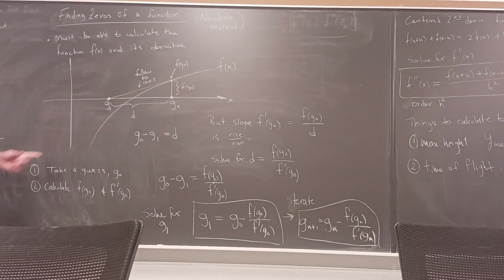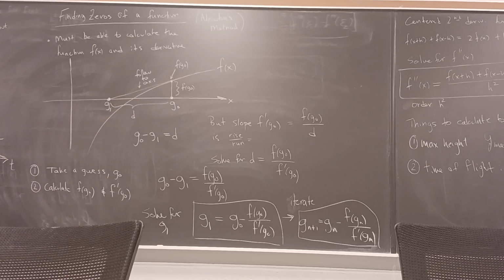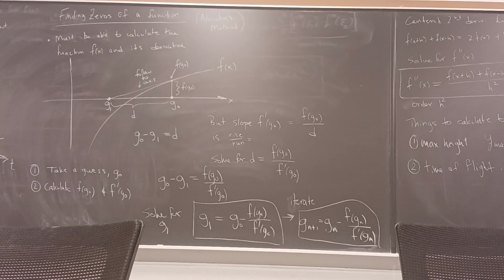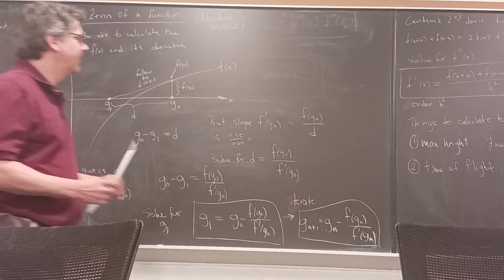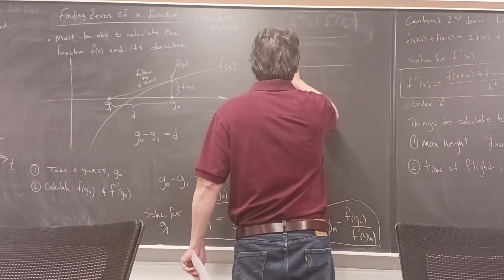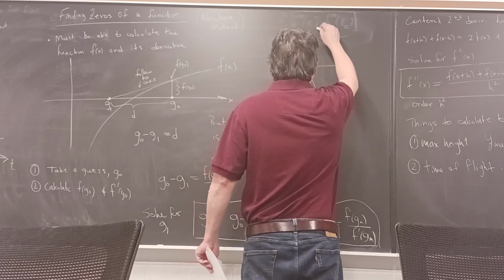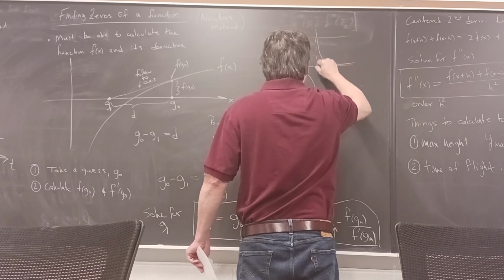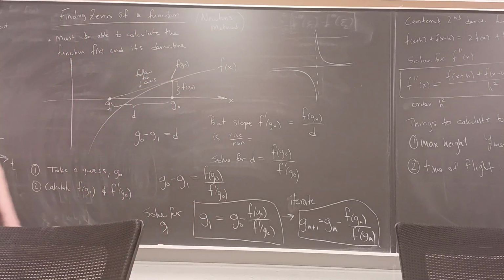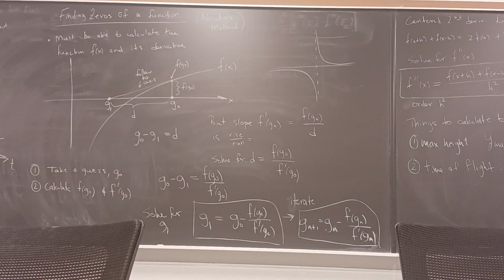For well-behaved functions, it actually converges pretty quickly. But there are lots of pathological functions where it doesn't converge, and there are other methods that work better. If there's more than one root, it might take a while to get to one of them, depending on if you start right in between them. And for functions where the function never actually crosses zero, that'll freak out Newton's method.